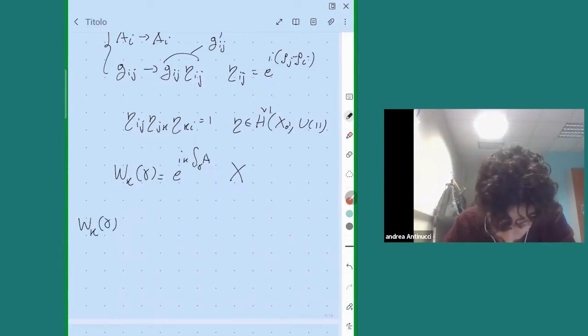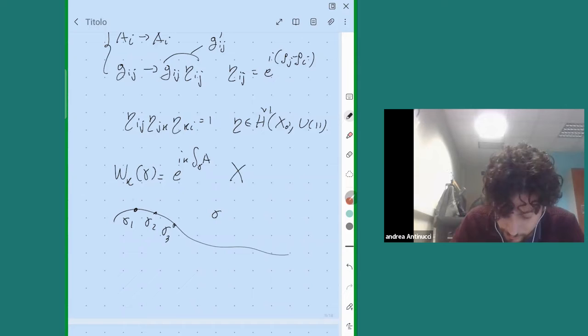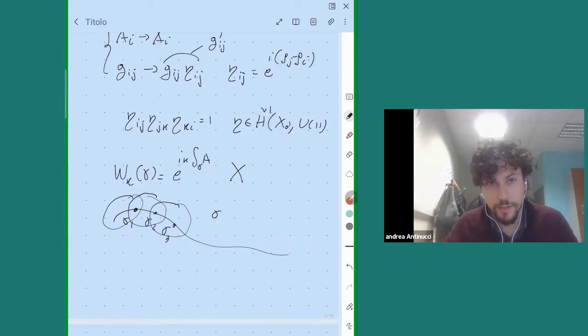So you divide your curve gamma in arcs, and each arc lies exactly in one patch, so that on each arc, A is really a one-form.